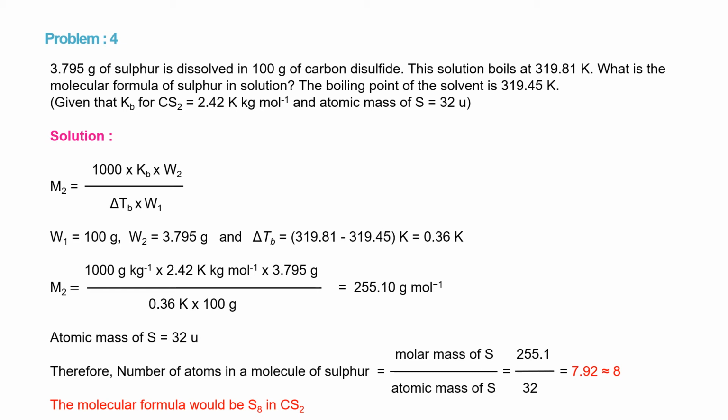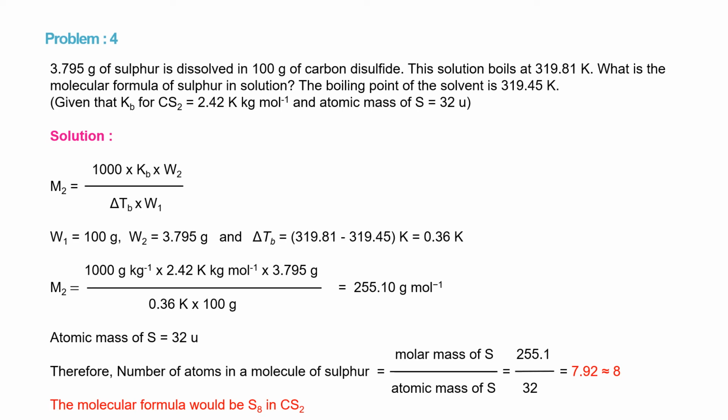Okay. This solution boils at 319.81 Kelvin. Means when you dissolve sulfur in carbon disulfide, you get one solution, and that solution boils at 319.81 Kelvin. So what is the molecular formula of sulfur in the solution?